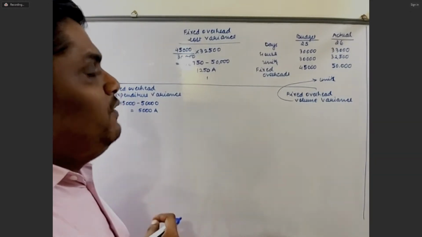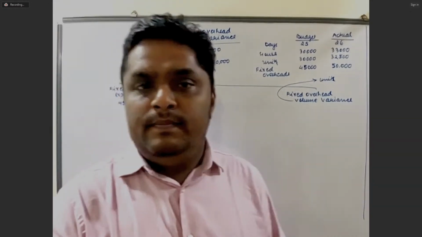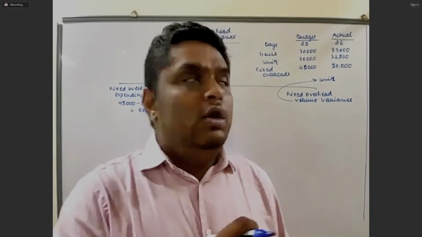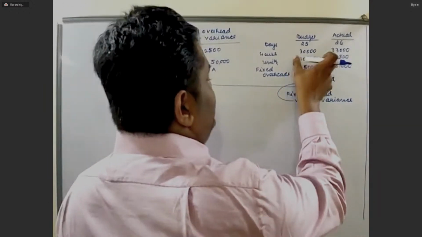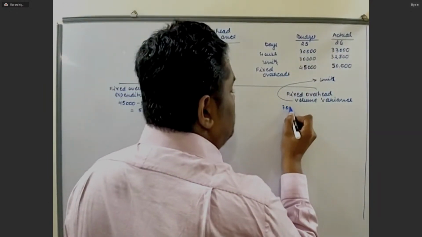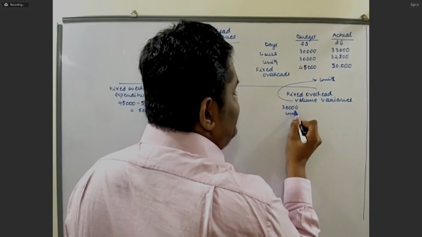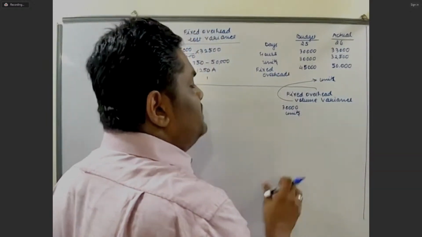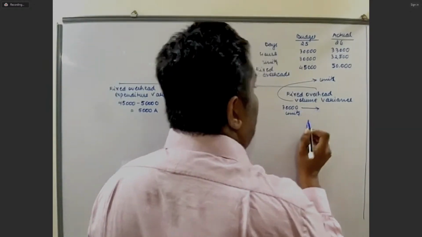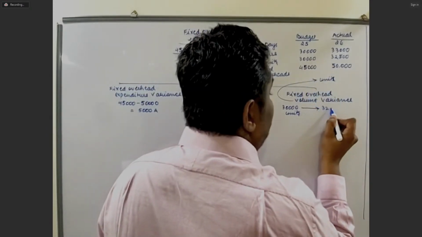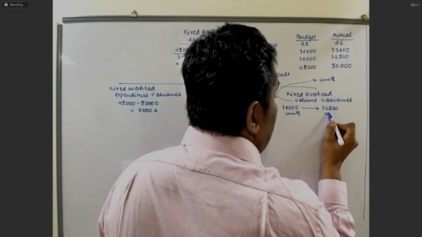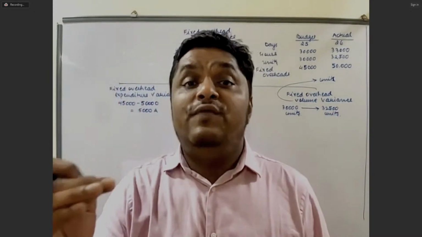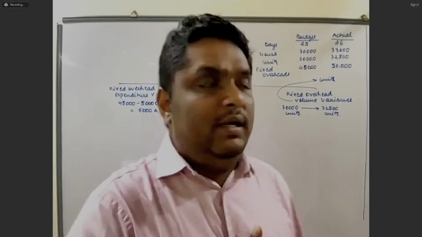So when talking about volume variance, the name itself says volume, that is units. Here we were expecting that we will manufacture 30,000 units, as per the target set by the management. However, when the actual figures were out, my actual production was 32,500 units. That is 2,500 much more than what I expected.